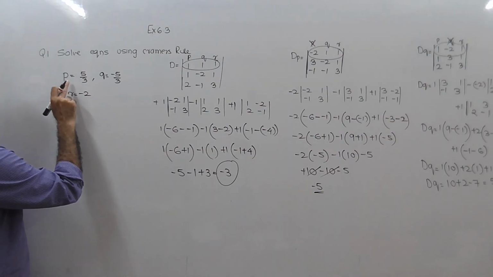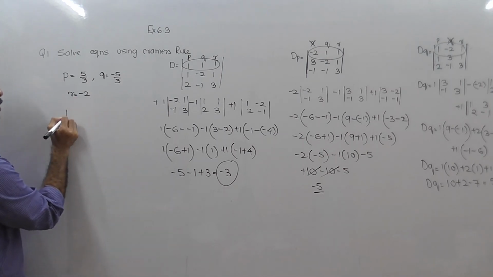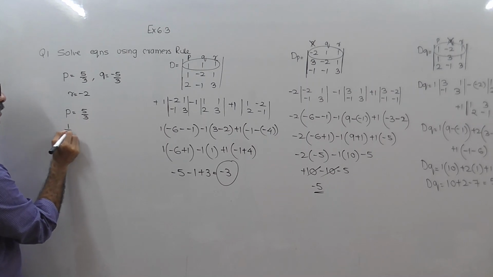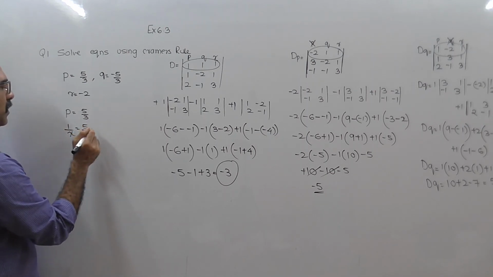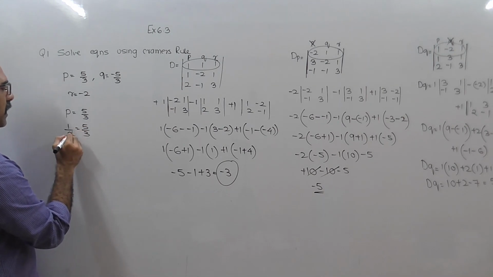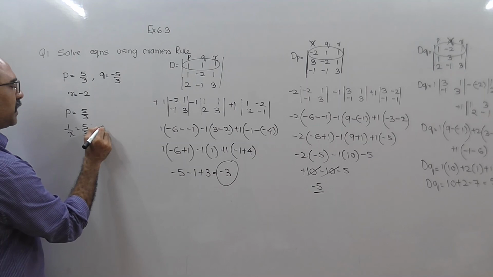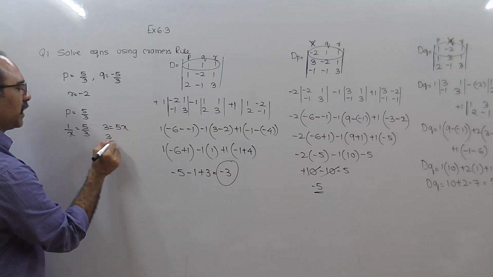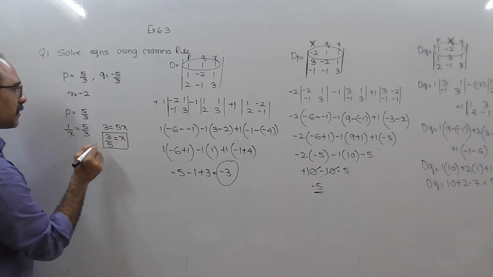We got the value of p as 5 by 3, q as minus 5 by 3, r equal to minus 2. Can I say that p equal to 5 by 3, p is supposed to be 1 upon x, which is equal to 5 by 3. Cross multiply. Take x to this side and take 5 down. You should get 3 equal to 5x. So you get 3 upon 5 equal to x.